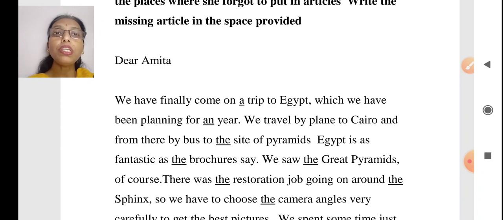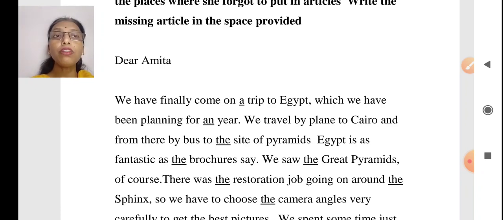Looking at the site of the pyramids means the place where the pyramids were. Egypt is as fantastic as the brochures say. So these brochures are talking especially about Egypt. So that's why the brochures. We saw the Great Pyramids, of course. Great Pyramids, you're talking about something in particular, that's why the. There was a restoration job going on around the Sphinx.